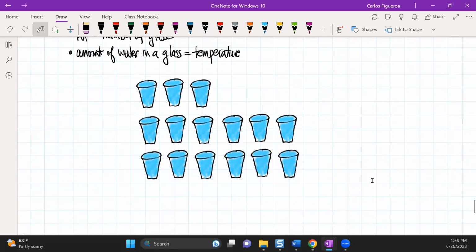So you could imagine I have a bucket. Here's my bucket. Let's say that I'm going to draw my bucket right here. And this bucket, full, it's a bucket of water.